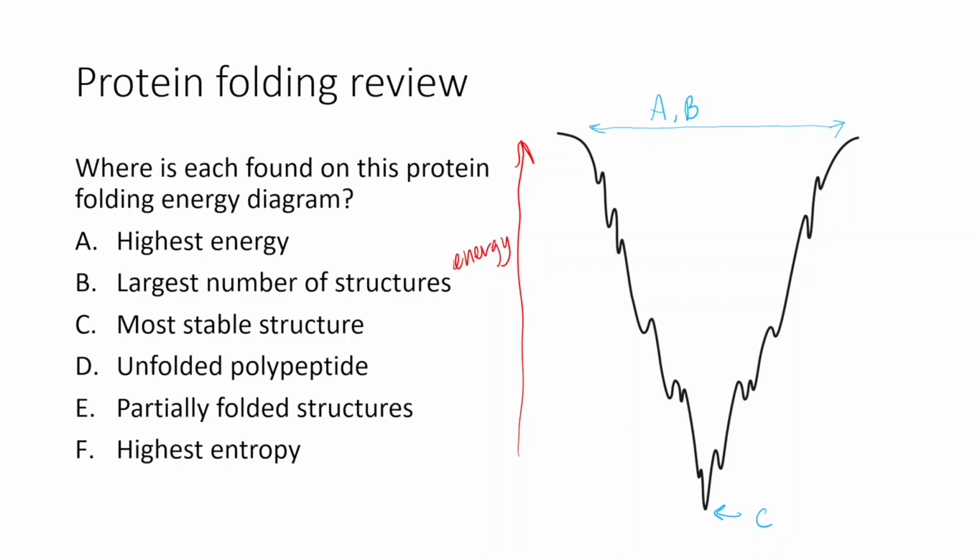So there's only one final combination for every protein, because that's the right function that it will carry out. But the diagram itself can change based on how it gets to that final folded state.